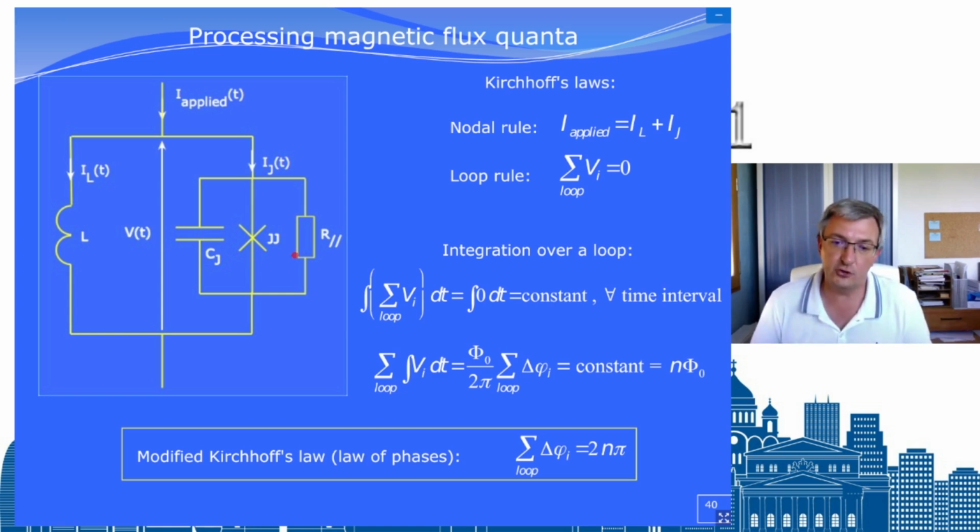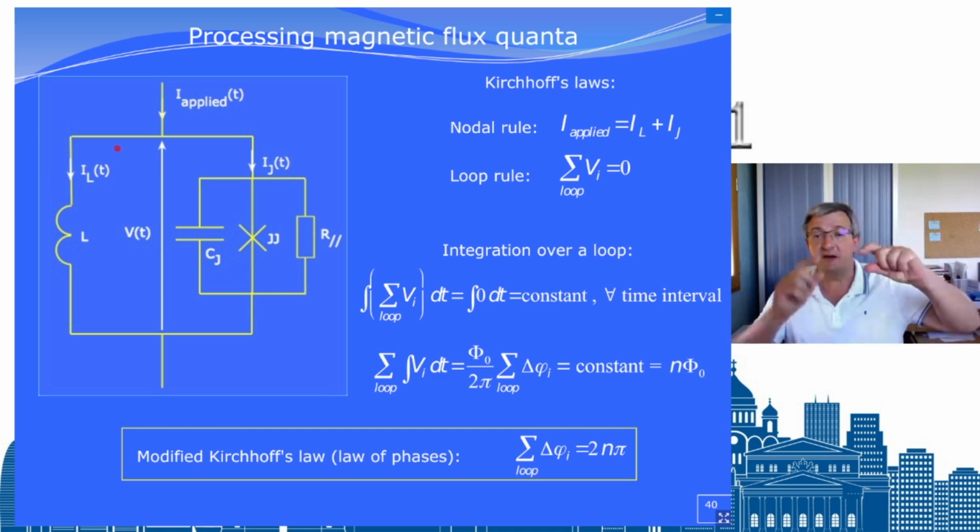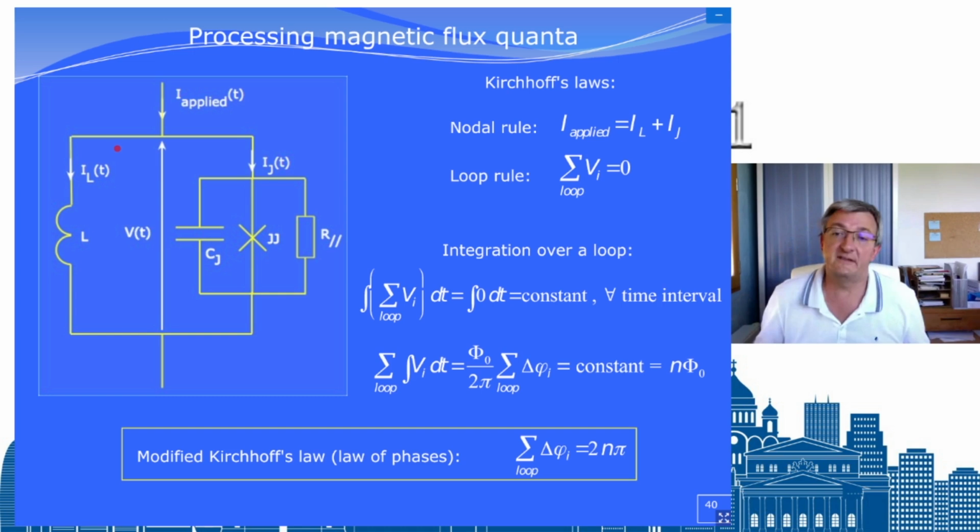When you do one turn, the phase should change by 2nπ, right? But as you see, it's short circuited. This is not an idea you would have with a normal metal or a semiconductor, right? If you take a device and you short circuit it, it's a wire. It's useless, totally useless. Not with superconductors. It's not just a simple wire. It has a lot of good quantum properties, and it's not stupid to short circuit a superconducting device with a superconducting wire.